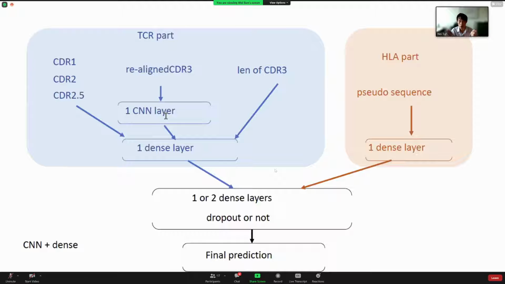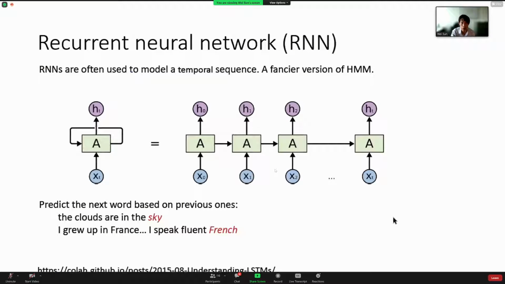So I can use convolution and max pooling to give that flexibility. And also add two convolution layers, and also we can add LSTM. That's a recurrent neural network, something we didn't talk about. I just want to give a very brief overview here.